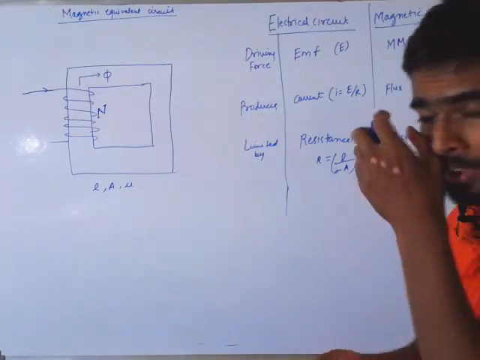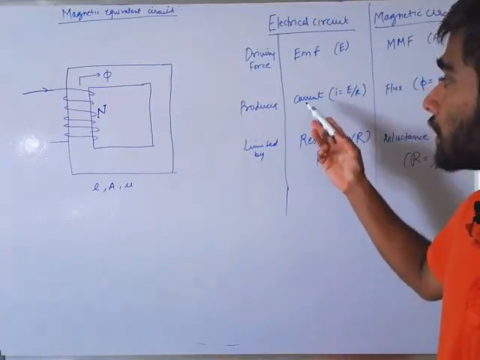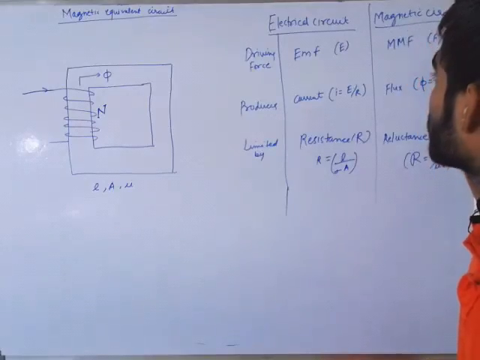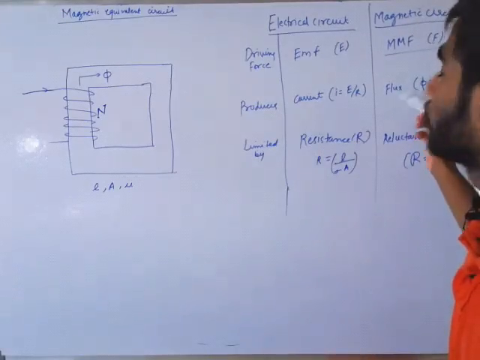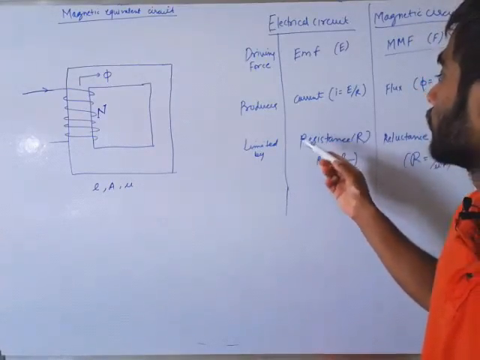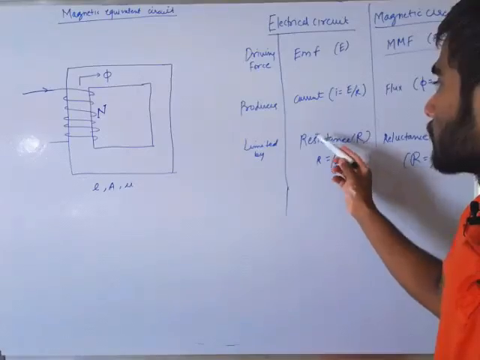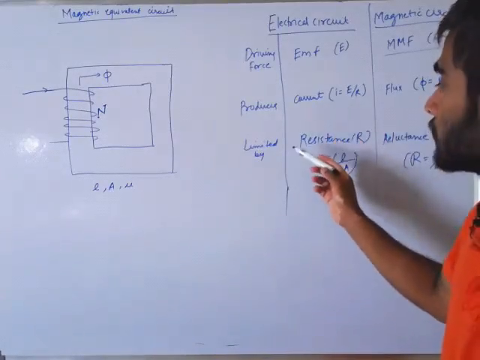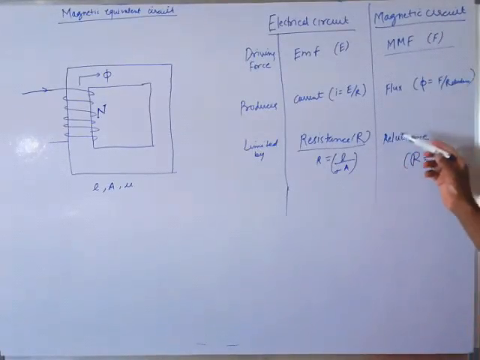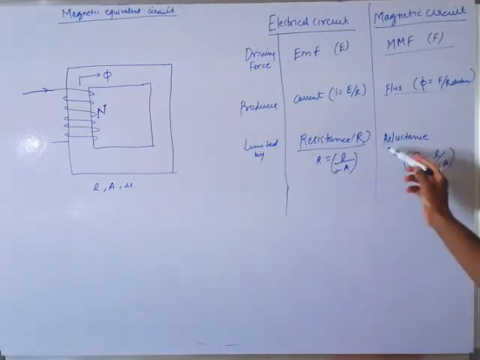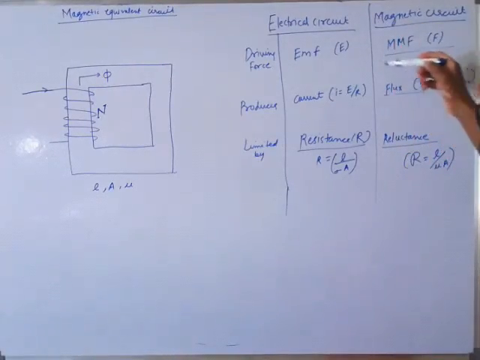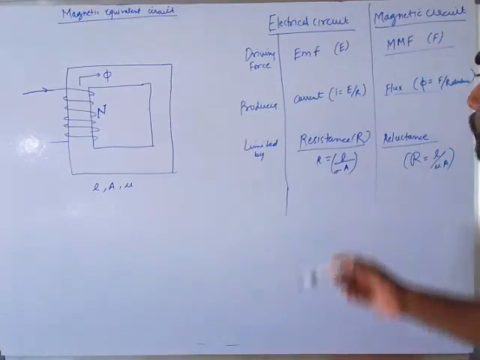The quantity produced by the EMF in an electrical circuit is current, and in a magnetic circuit, flux is produced by the MMF. The current in an electrical circuit is limited by resistance, and in a magnetic circuit, flux is limited by the reluctance. So you can see how many similarities there are in electrical circuits and magnetic circuits.